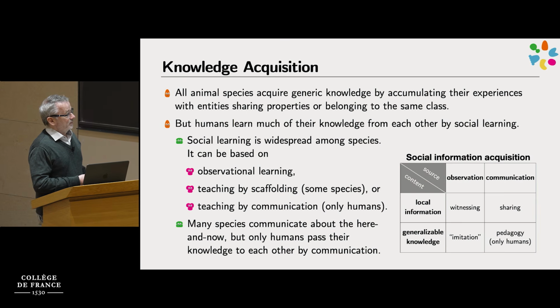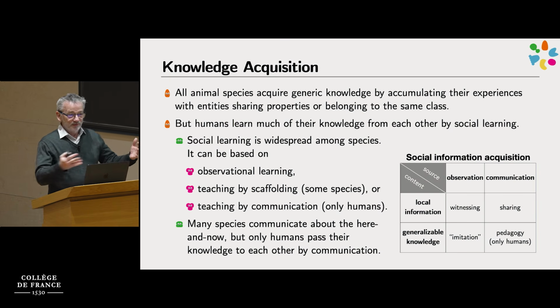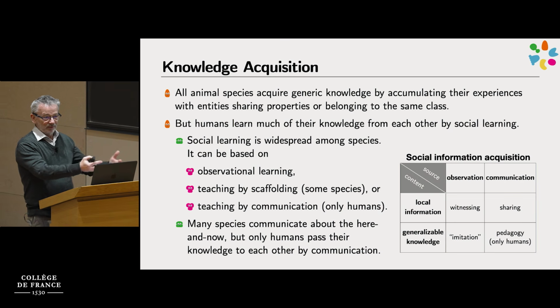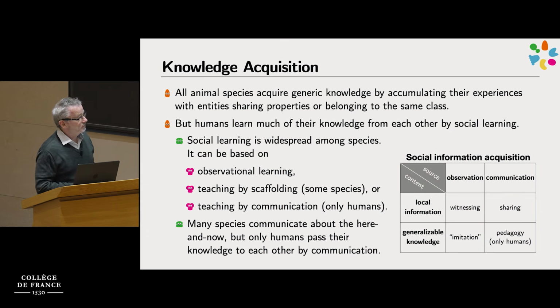So observation, learning of local information is like witnessing something. This is when, for example, pigeons see that other pigeons are gathering at a certain location. It's information for them that probably there is a food source there. It could be local information by sharing, by communication. Alarm calls or the bee dance are good examples of that in other species.